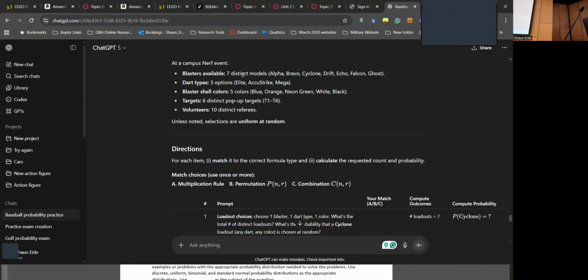But what's the probability of choosing very specifically a cyclone with the elite neon green? That would be 1/105. There are 105 different possible options, and that's the whole point of what we're doing: what's the probability of choosing this one favorable outcome out of all the possible ones? So that's 1 out of 105. Okay.